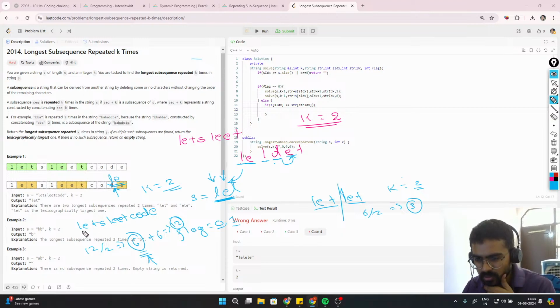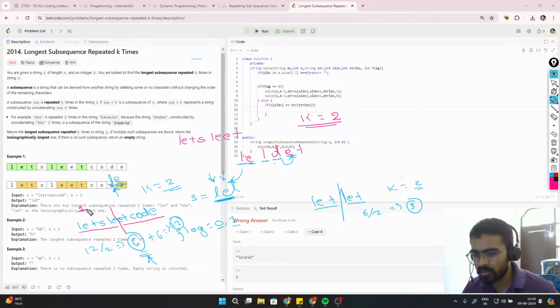Like let's say leetcode is 1 2 3 4 5 6. It cannot go more than this. If I change the color, it cannot go more than this, this half and this half.